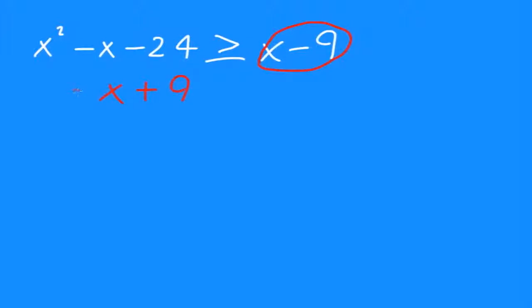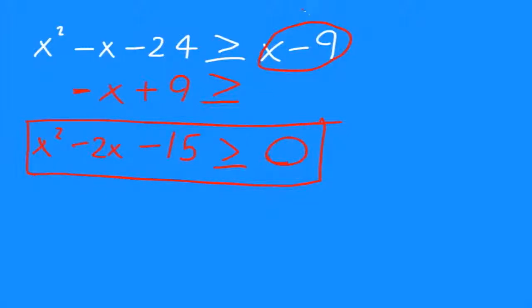But you're going to switch the signs because you're moving it. So you're going to subtract it in order to turn this into x squared minus 2x minus 15 greater than or equal to 0. So this is what we'll be working with today.